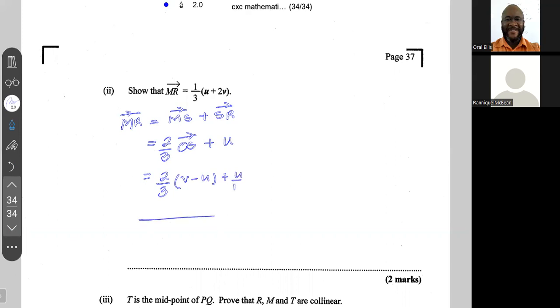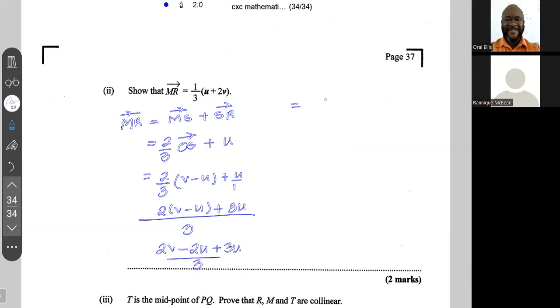The LCM is 3. Remember, when we're finished with it, it's supposed to be 1/3 of U plus 2V. 3 into 3 is 1. 1 times 2 is 2. So this is 2V minus U plus 1 into 3 is 3, 3 times U is 3U. Distributive law, 2V minus 2U plus 3U over 3.